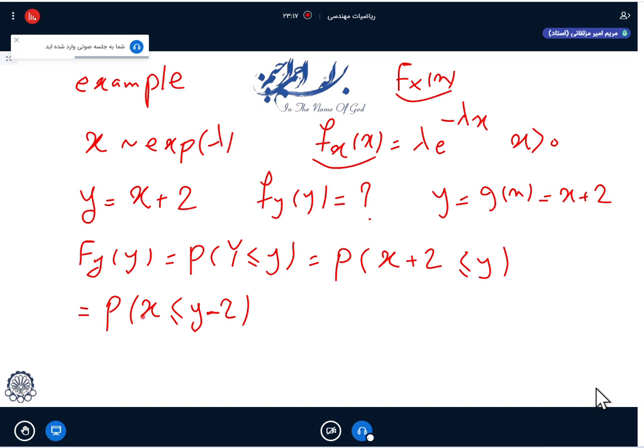So this probability, that the random variable x is less than this value, is equal to the CDF of x at this value. The CDF of x at this specific value y minus 2 is equal to this probability. Now we obtain the CDF of y: the CDF of y is equal to the CDF of x at y minus 2. Any question from these computations?